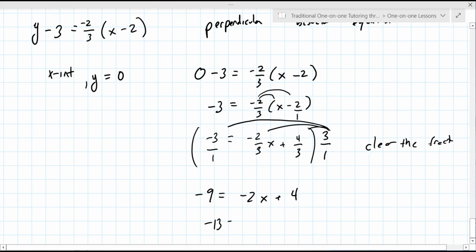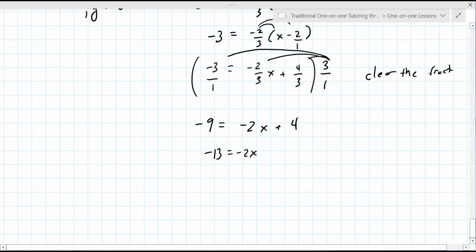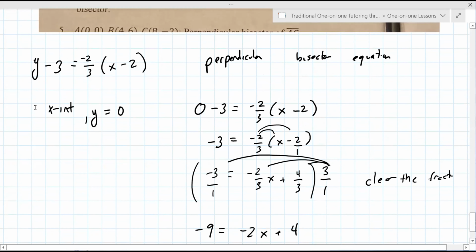Then you divide by negative 2. So x equals 13 over 2. All right. And that's not all of part C, because we've got to find the y-intercept.